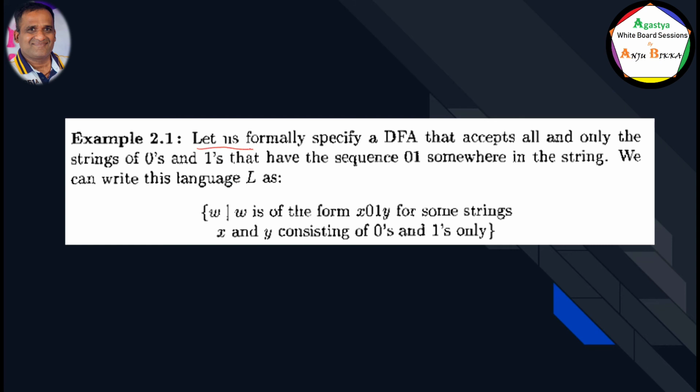is, let us formally specify the DFA that accepts all and only the strings of zeros and ones that have the sequence 01 somewhere in the string. Then this is the language we are writing: L equals w such that w is of the form x01y, where x and y consist of zeros and ones.